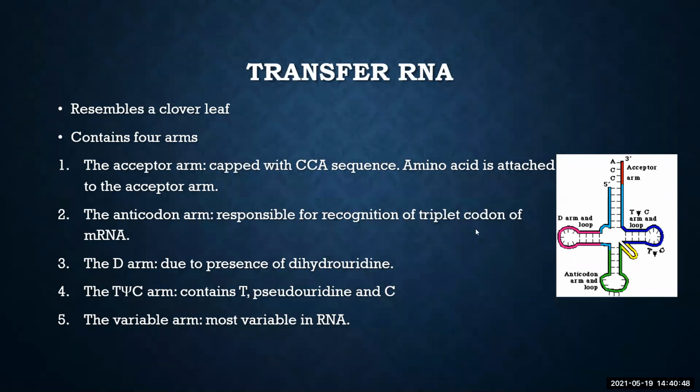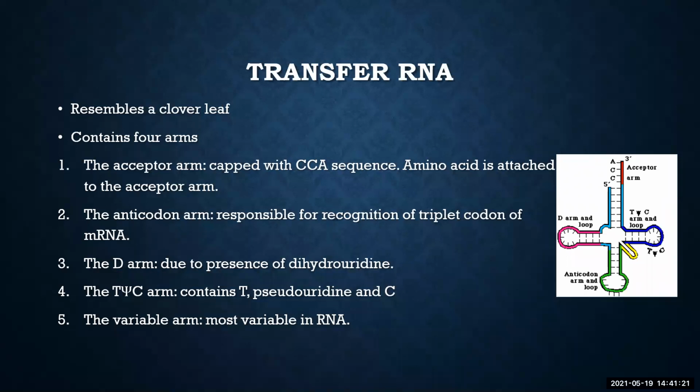recognition of the triplet codon. What is a triplet codon? It's a sequence of 3 nucleotides which is specific for individual amino acids. So based on the protein that needs to be synthesized, the sequence of these triplet codons is organized in the mRNA. To read it is very important. Otherwise, the amino acid to be added cannot be brought from the amino acid pool.